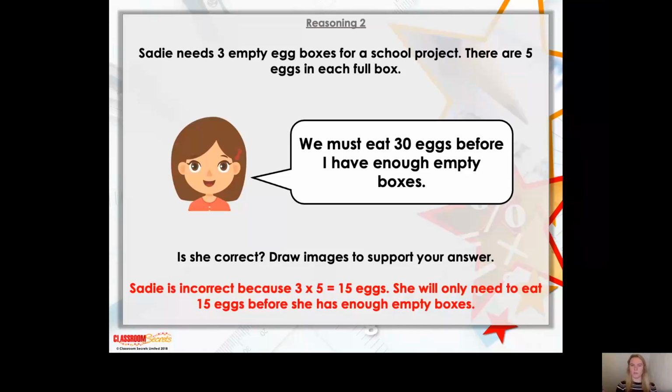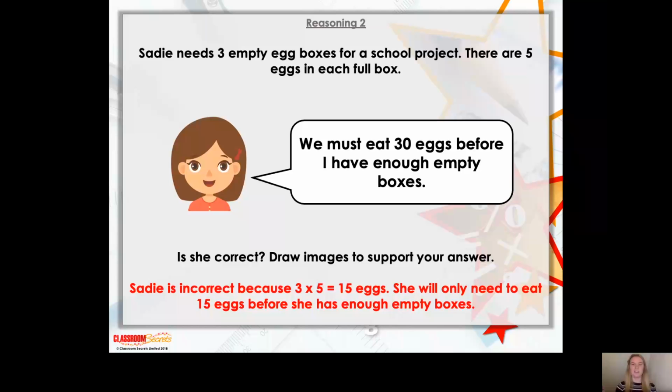Well, we need to find out what something times 5 equals 30. Let's try. So we've got 5, 10, 15, 20, 25, 30. So she would need 6 empty boxes. So if she ate 30 eggs, that would be 6 empty boxes.